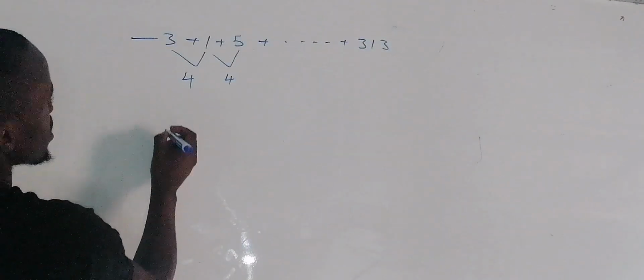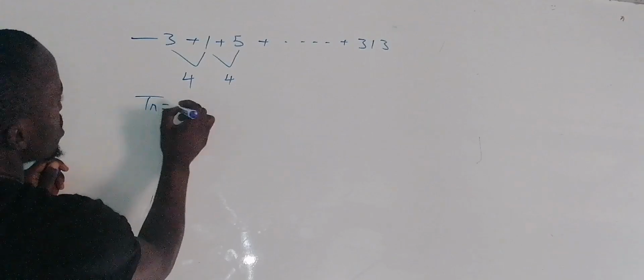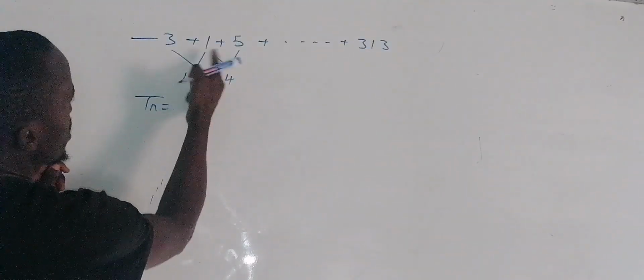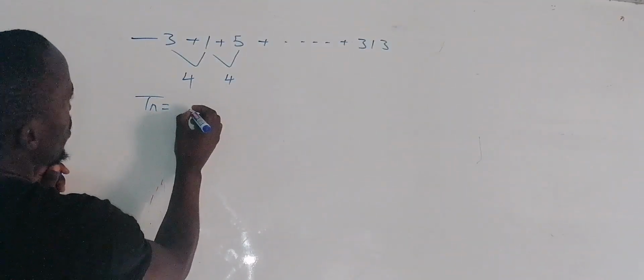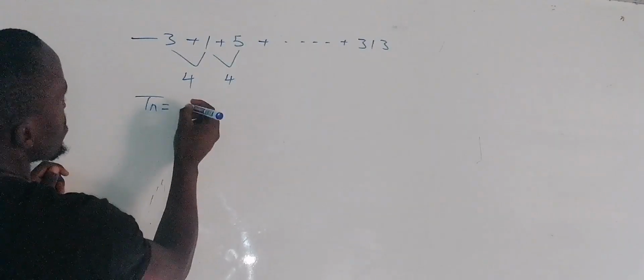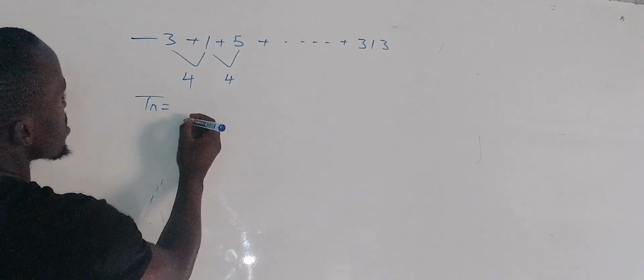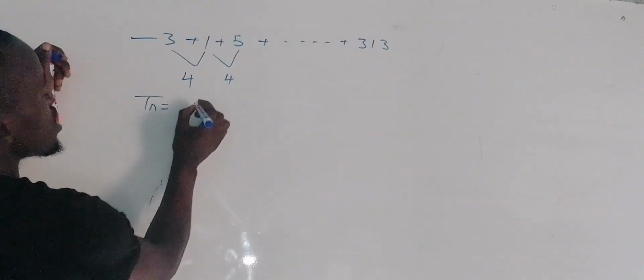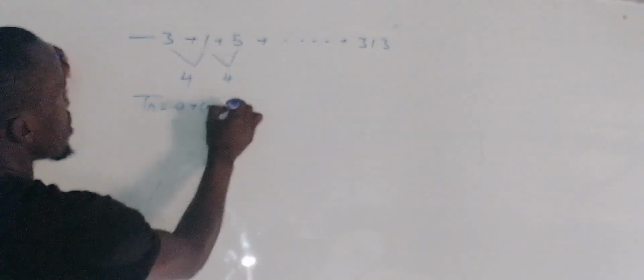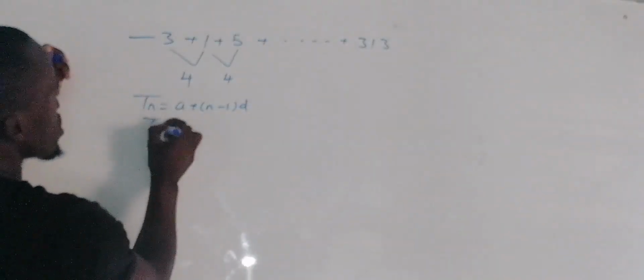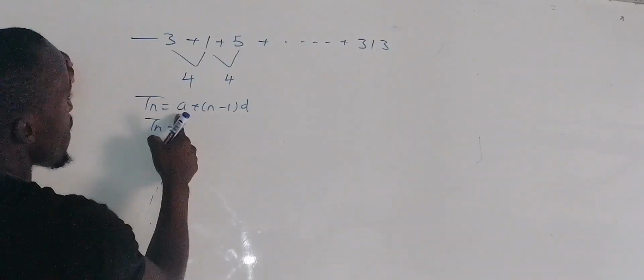Then we know that it's an arithmetic sequence. Actually this comes from an arithmetic sequence, but it is known as a series since the terms are added. A plus n minus 1 d. What is A?